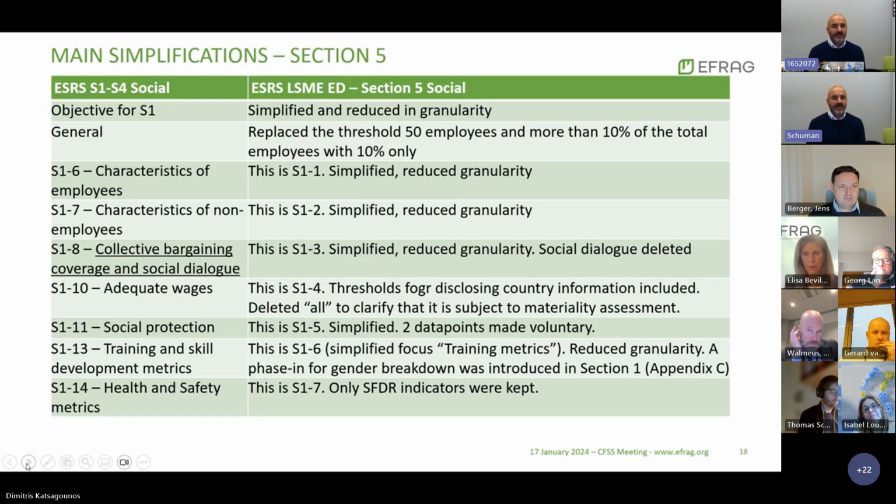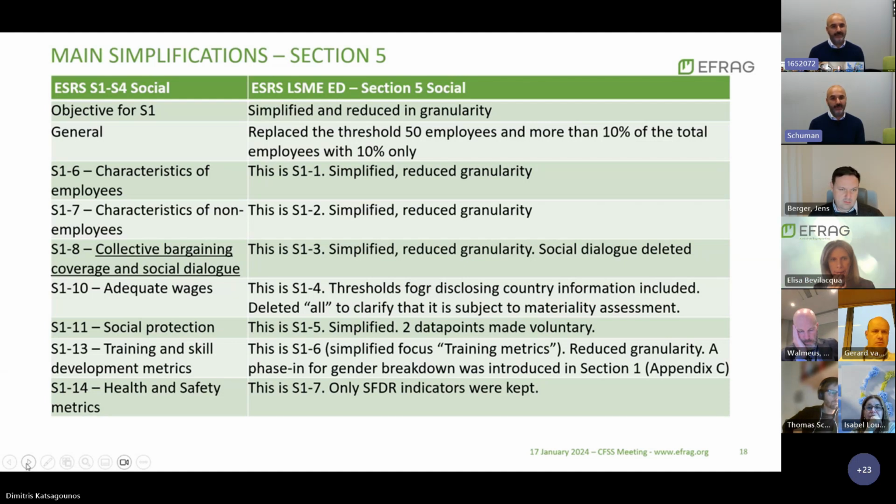On the social section 5, as we had done for section 4, we have simplified and reduced the granularity. We replaced the threshold of 50 employees and more than 10% of the total employees with only 10%. So for the threshold, we refer only to the 10% of the total employees for the undertaking.